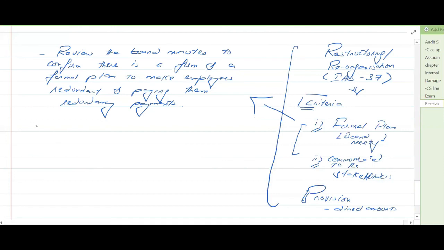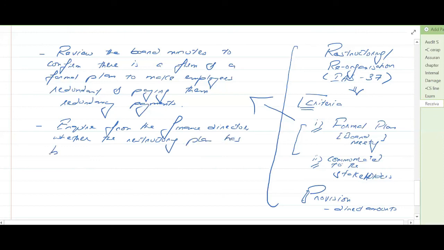Now the second thing is you need to confirm whether it is communicated to the affectees. So first of all, you can inquire from the finance director whether the restructuring plan has been communicated to the affectees.